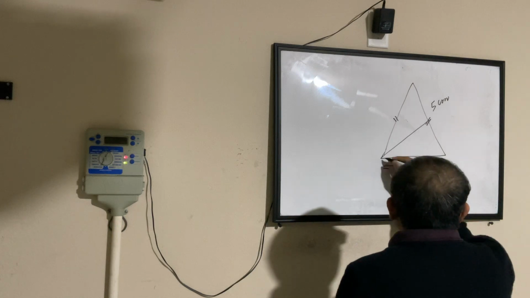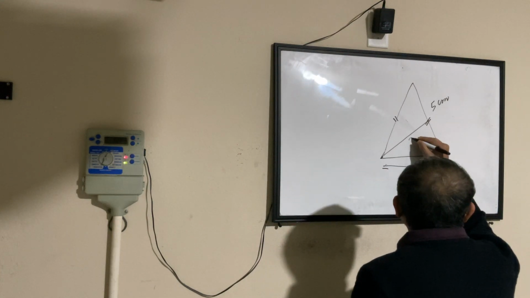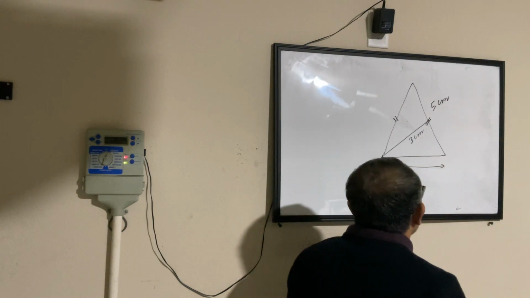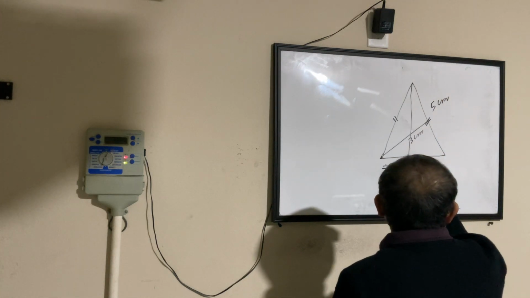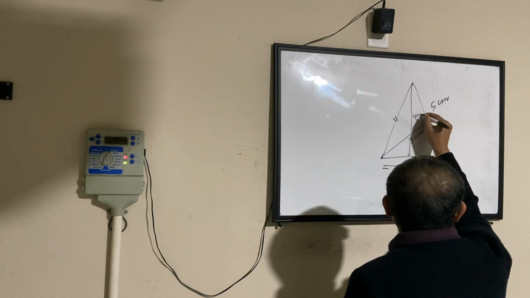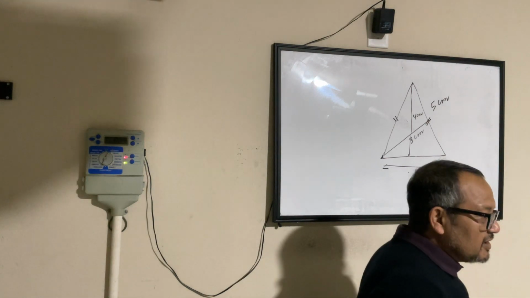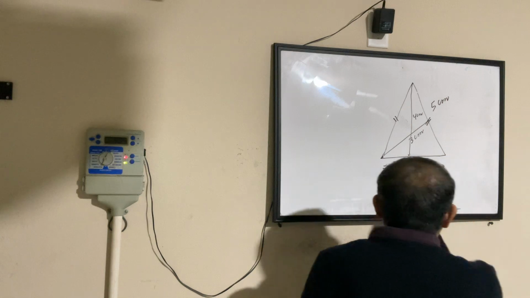Okay? From here to here, this side is 3 centimeters. And from here to here, this side is 4 centimeters. I want you guys to find out the area of the triangle and then the length of this side.